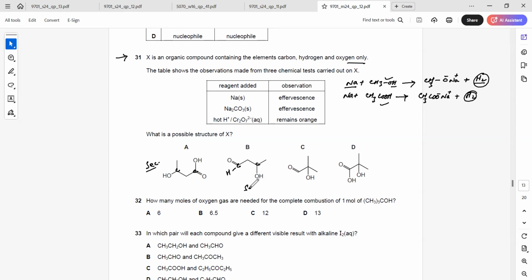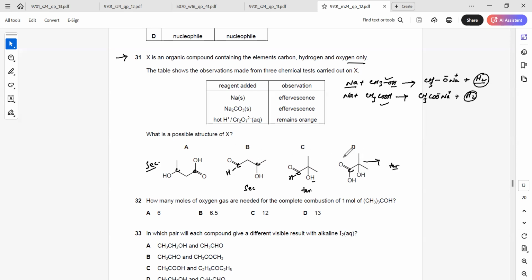It is again secondary. Option C has an aldehyde, right? And here it's a tertiary alcohol. So options C, B, and A, all these three will show effervescence with sodium. Option D has a carboxylic acid as well as a tertiary alcohol.